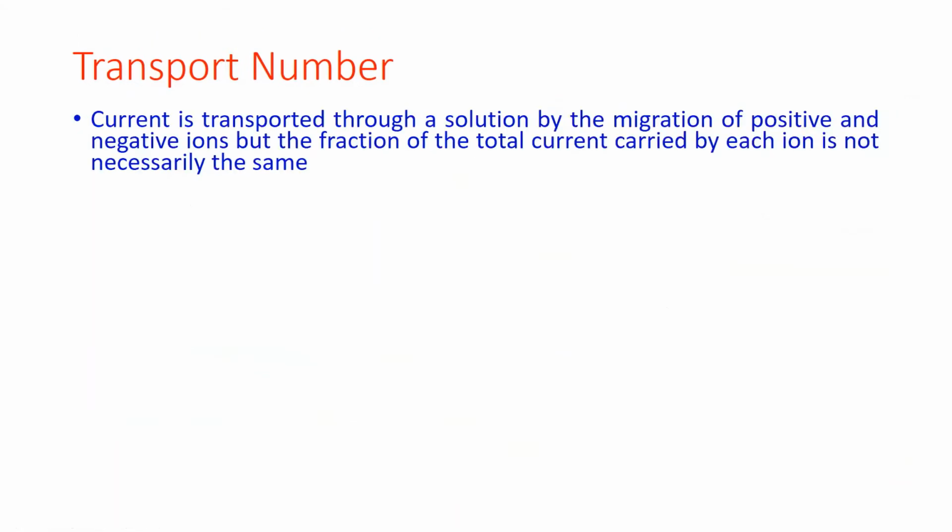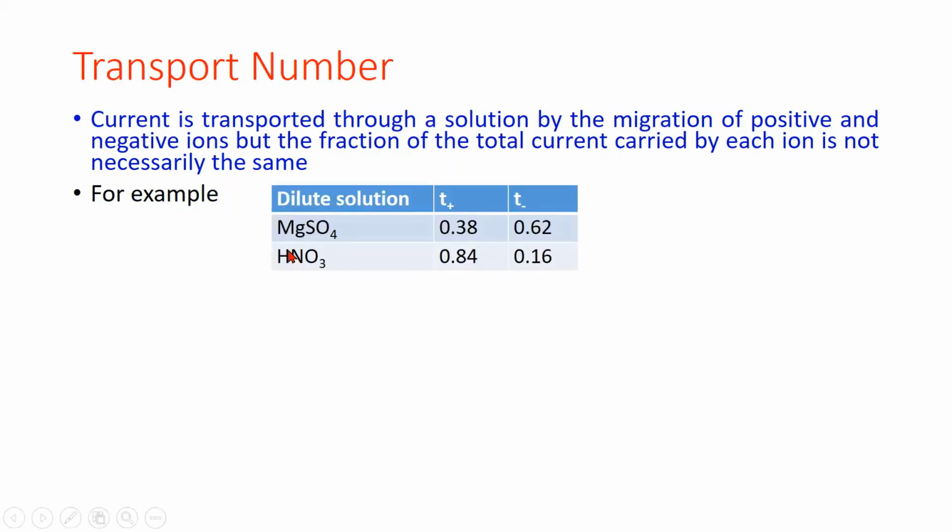Current is transported through a solution by migration of positive and negative ions, but the fraction of total current carried by each ion is not necessarily the same. We can see in the case of magnesium sulfate and nitric acid, if we take their dilute solutions, the transport number of the cation in magnesium sulfate is 0.38 and of the proton is 0.84.